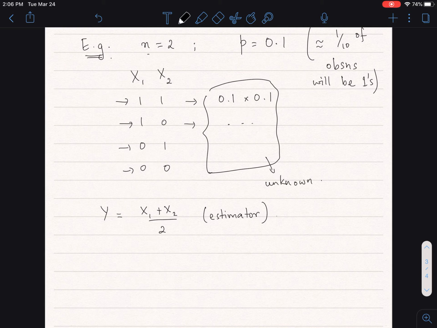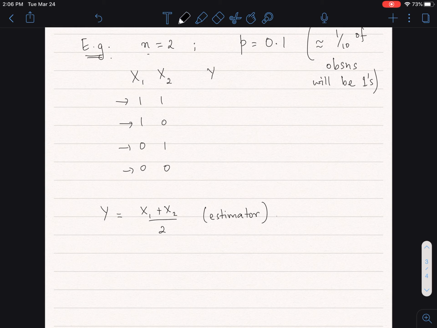So what's the value of this estimator? We don't know these probabilities, so let me erase them and write down the value of y in each case. You get a value of 1 in this case, a value of a half, a value of half, a value of 0.